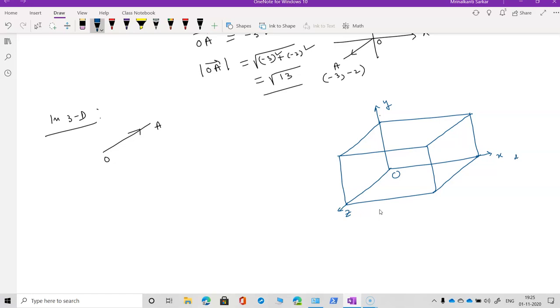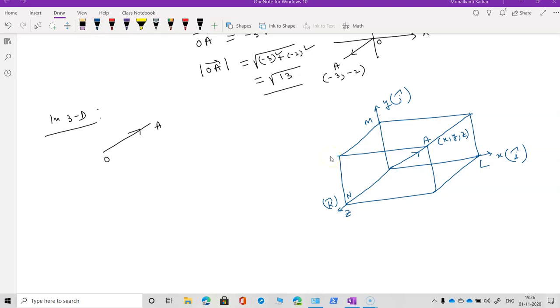Here there will be 3 unit vectors. This one I cap. The cube is constructed in such a manner that this vector, if I split, will be there. This is your OA vector. The question is, how do you represent in 3D where the tip of this is taken as some arbitrary point x, y, z? We just use a little bit of the 3D concept which you have learned in class 11, which will be enough to represent the vector.